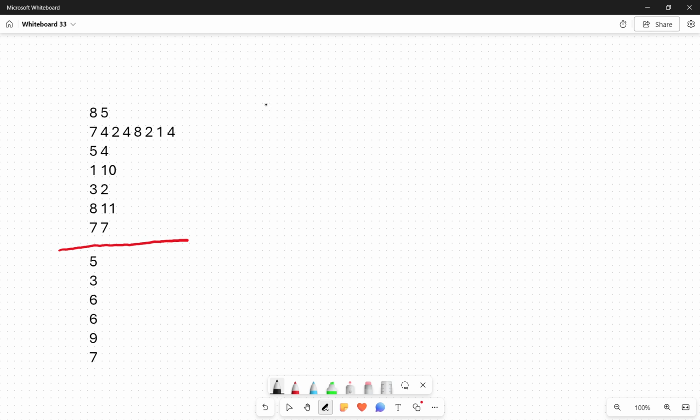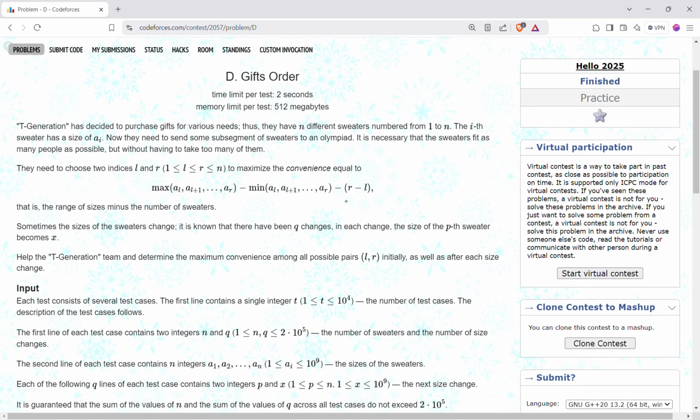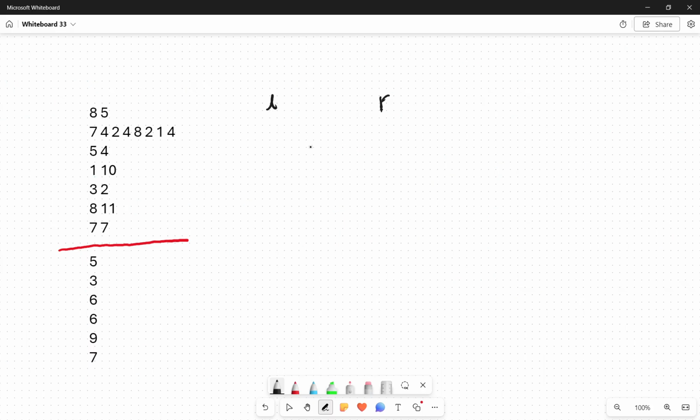suppose I am taking left limit as L. So in my final answer, after each update or before the first update, L comma R is generally my answer range. In the sense that, based on this range L comma R, I am calculating my answer, which is maximum in that range minus minimum in that range minus R minus L. Okay, so what I can notice is that suppose there will be one maximum, right?